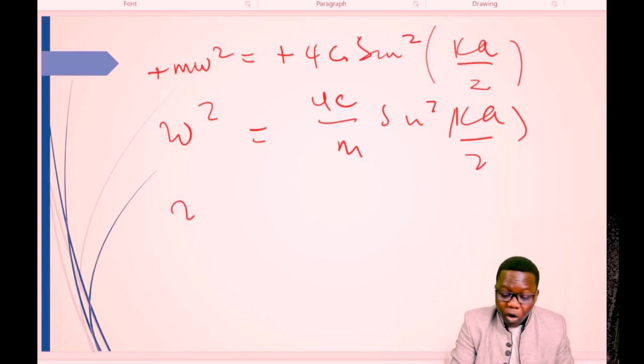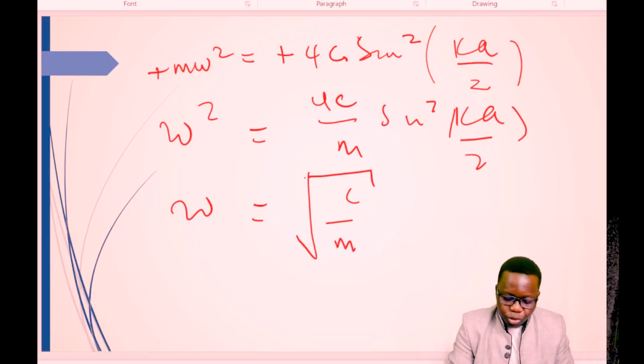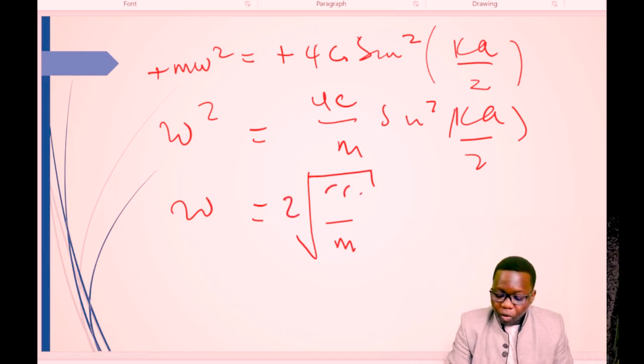So I need omega. You're going to take the root of 4c over m, which would just mean that we bring out the 2, so that I have the square root of c over m.